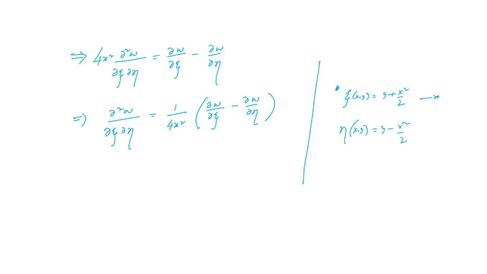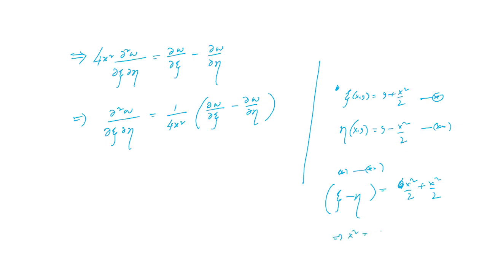So if we subtract these two, star minus double star, xi minus eta will be x square by 2 plus x square by 2.